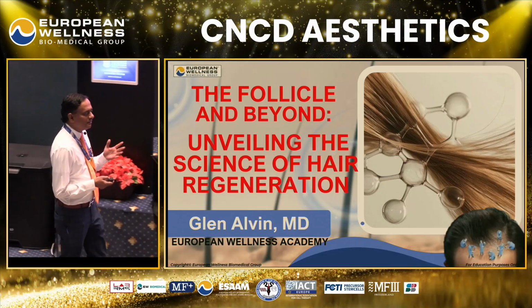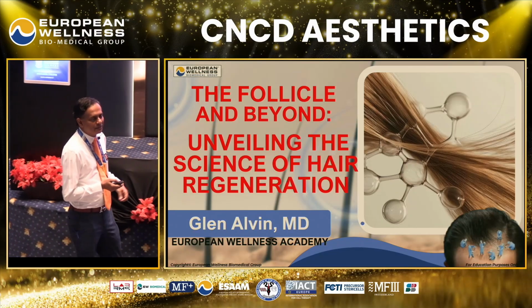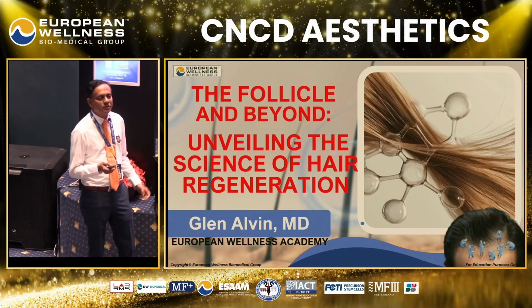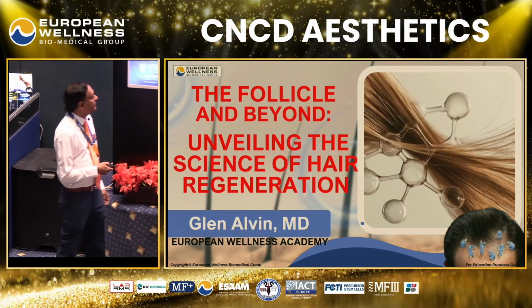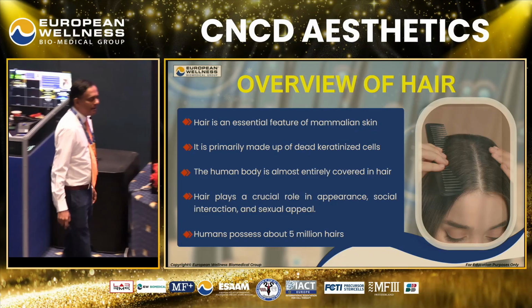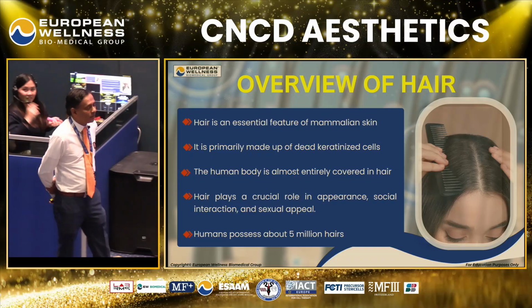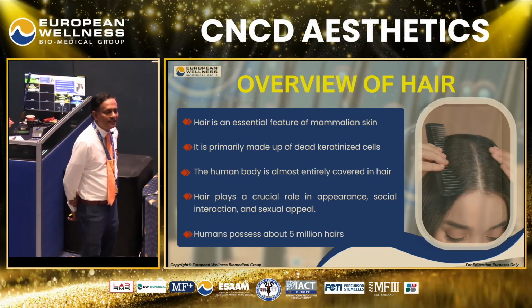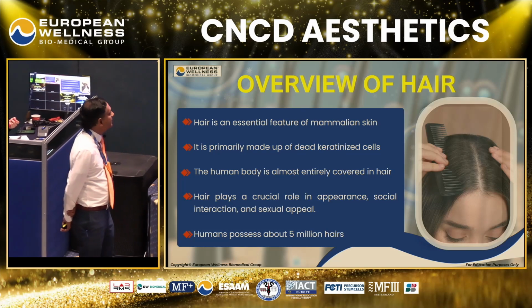Now, I'm going to give a small discussion on hair diseases and cellular therapy to manage your hair patients. So, the hair is an essential component of all humans. It is primarily made up of dead keratinized skin. Okay?